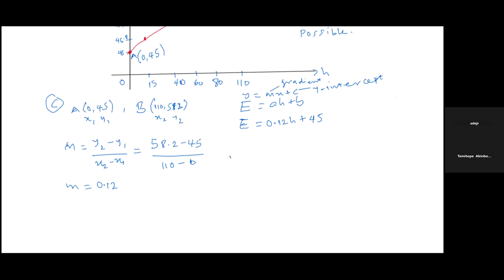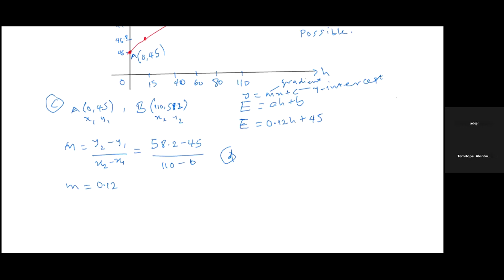Now let me answer question D quickly before you move away there. Because I can see that question D says we should interpret the meaning of constants A and B. So technically from here, I have answered that question, but let's put it down formally. Now, because we are dealing with modeling now, A, which is the gradient, we mean the rate. Are you with me now?